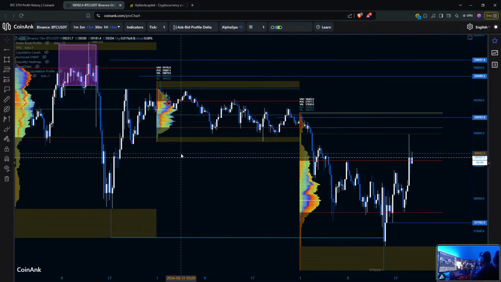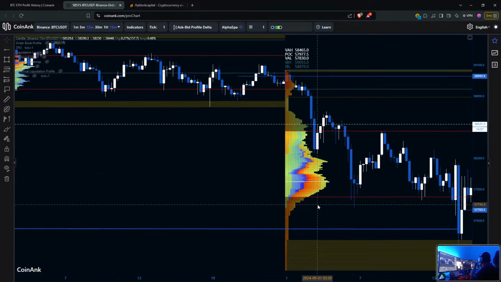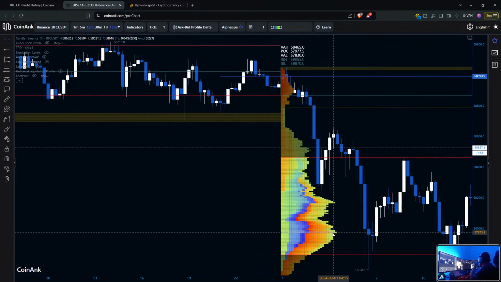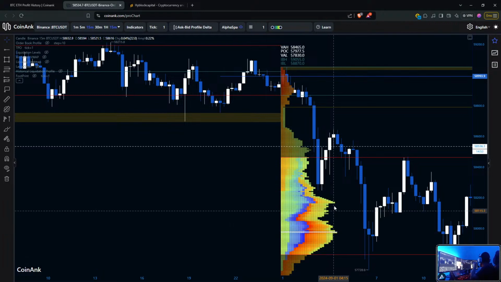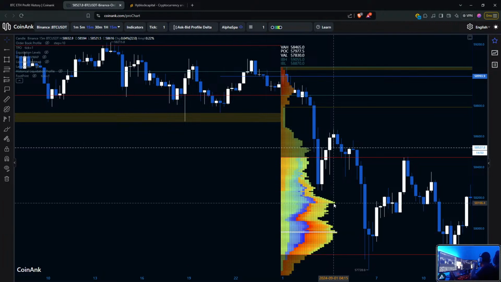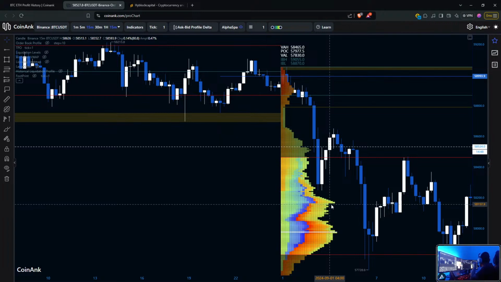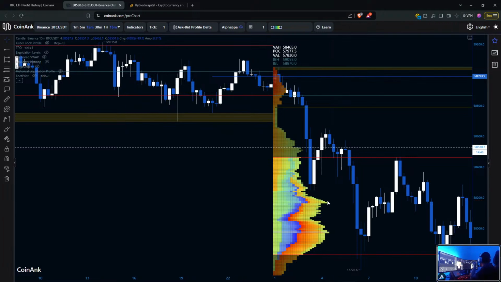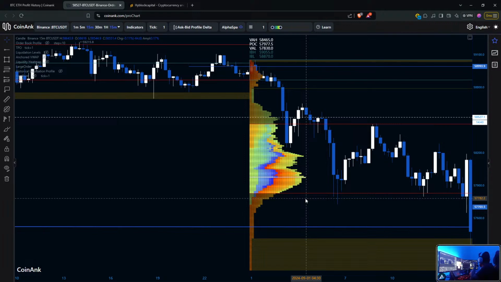The more extended each of these bars is, it means that price spent more time at this level and at this level in comparison to all the other times of the day. So that, accompanied with something like a volume profile, will a lot of times tell you that price spent the most amount of time here and here.